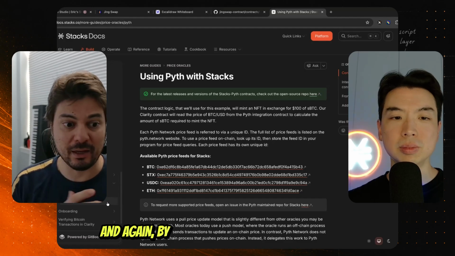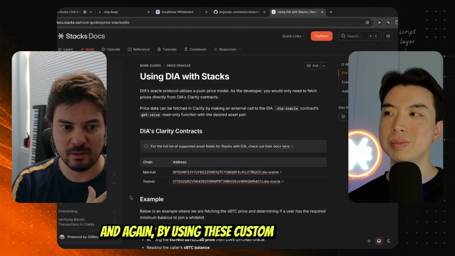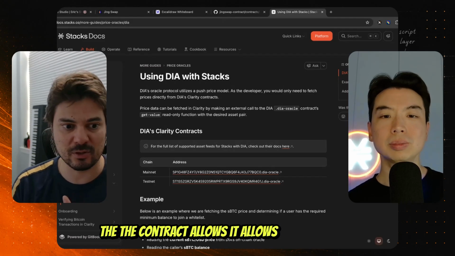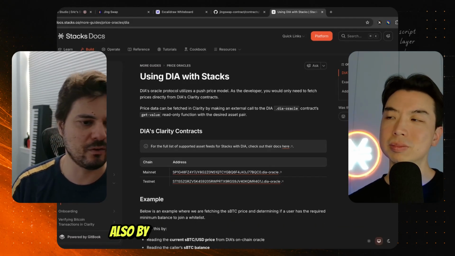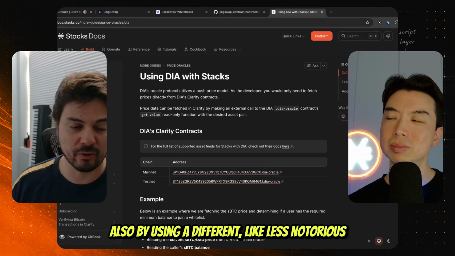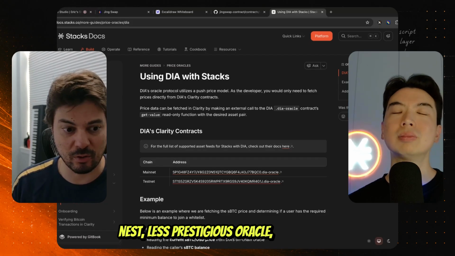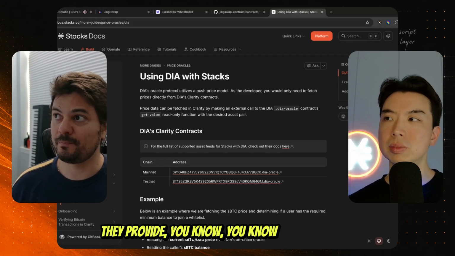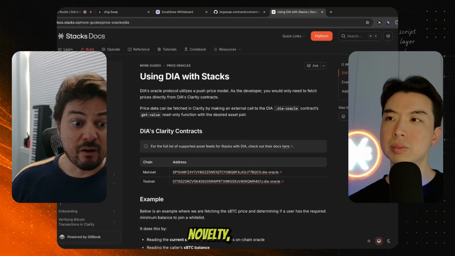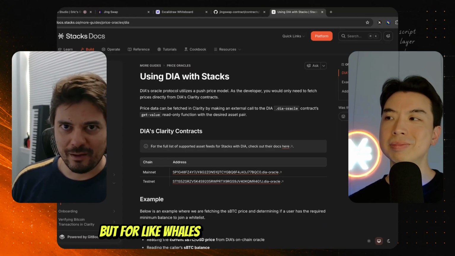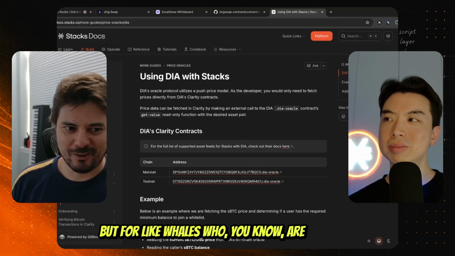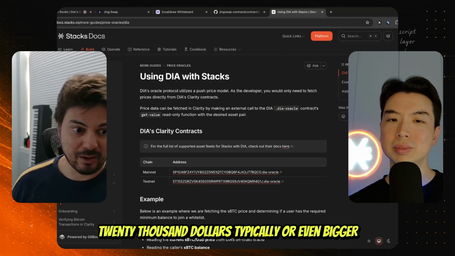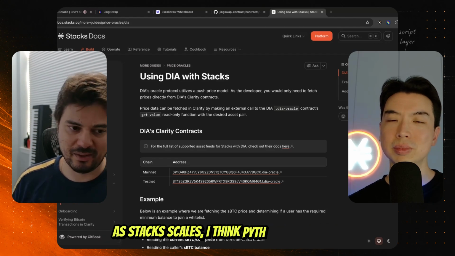And again, using these custom security measures within the contract allows me to be confident also when using a less notorious, less prestigious Oracle, especially if they provide new stuff, novelty, right? But for whales who are swapping $20,000 typically, or even bigger as Stacks scales, I think Pyth is just a must.